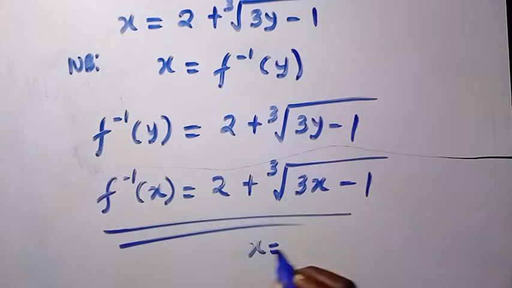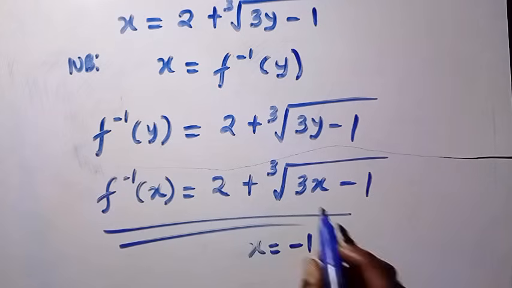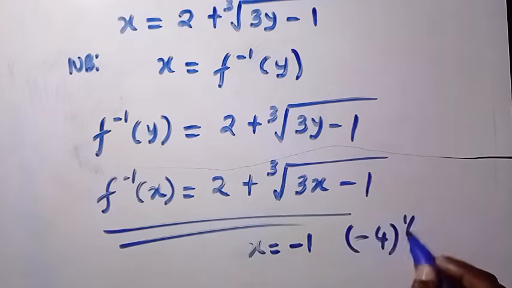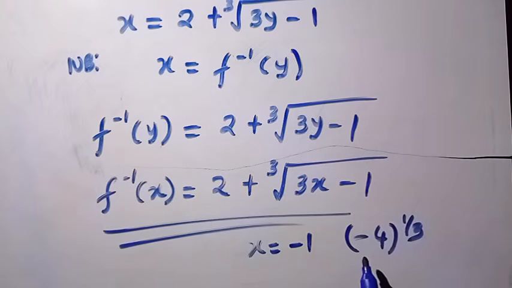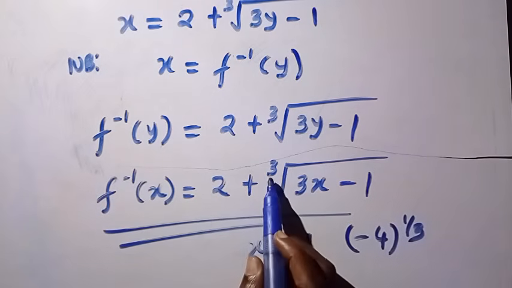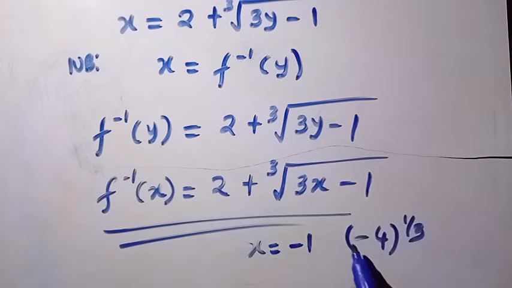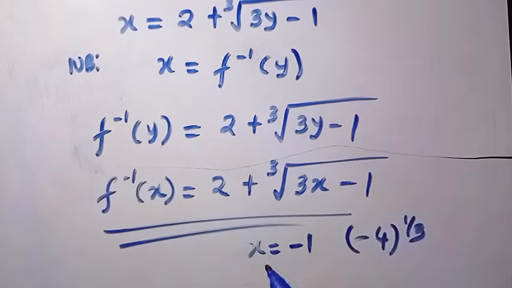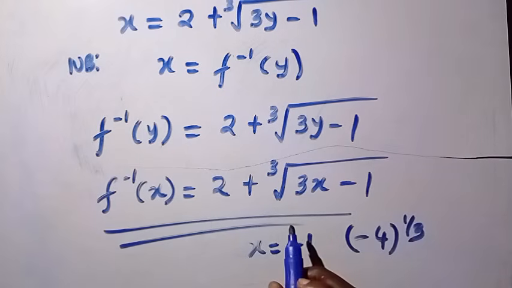So if x equals minus 1, we have this as minus 4, then everything raised to the power of 1 over 3. So this still works, unlike when we have a square root, where negative will not work. Since it is a cube root, any value in the domain that we plug in satisfies this.